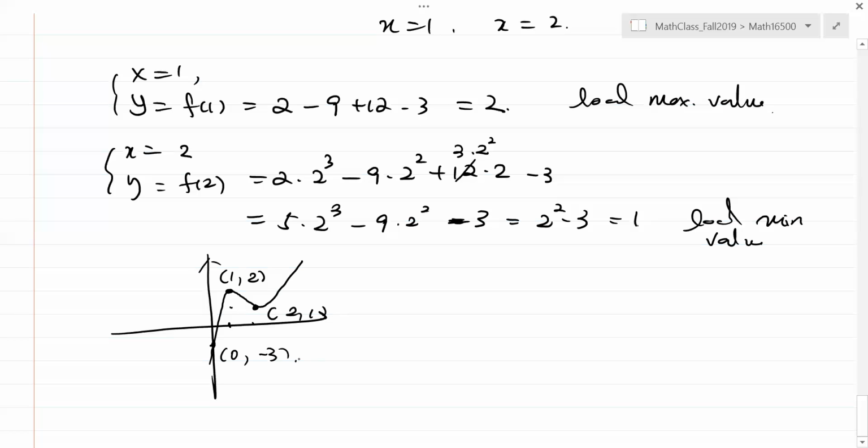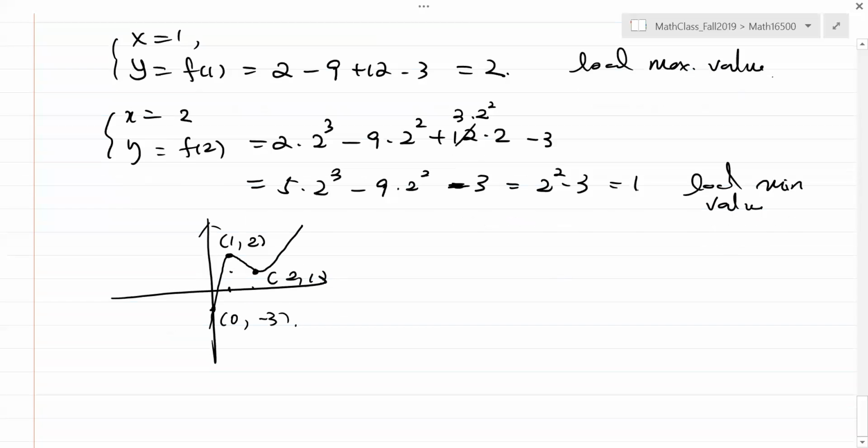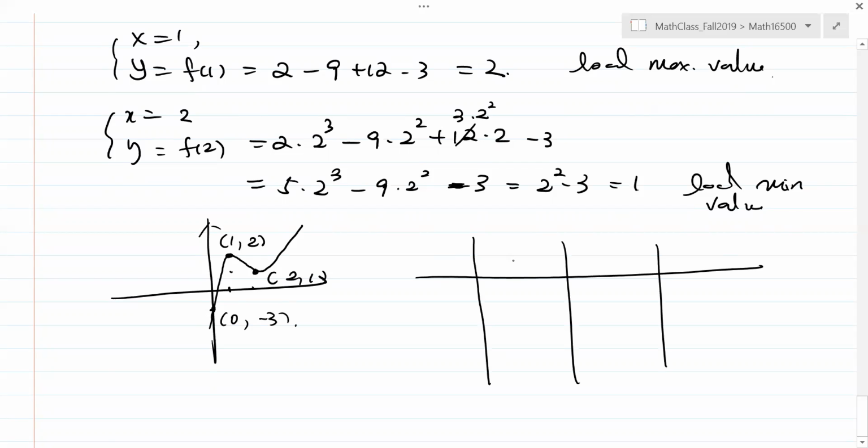We can also determine that using the table chart. If you forgot the shape of a polynomial of degree 3, then you have to do it like this. Remember the derivative: 6 times (x minus 1)(x minus 2). Consider x less than 1, x between 1 and 2, and x greater than 2.